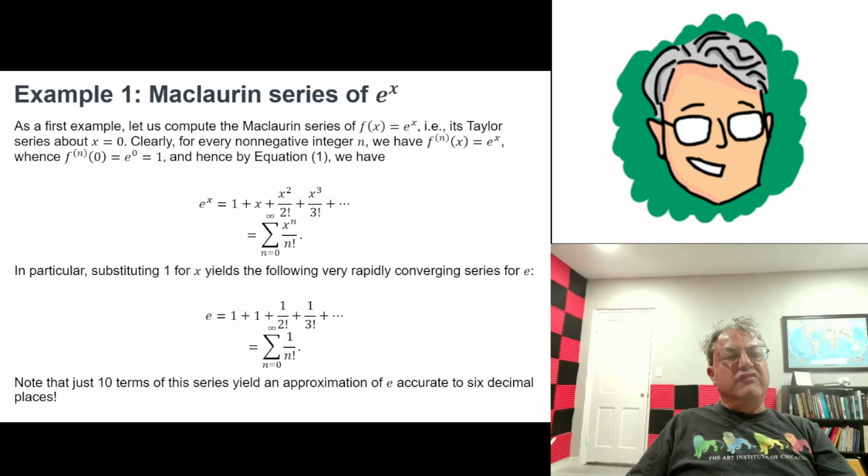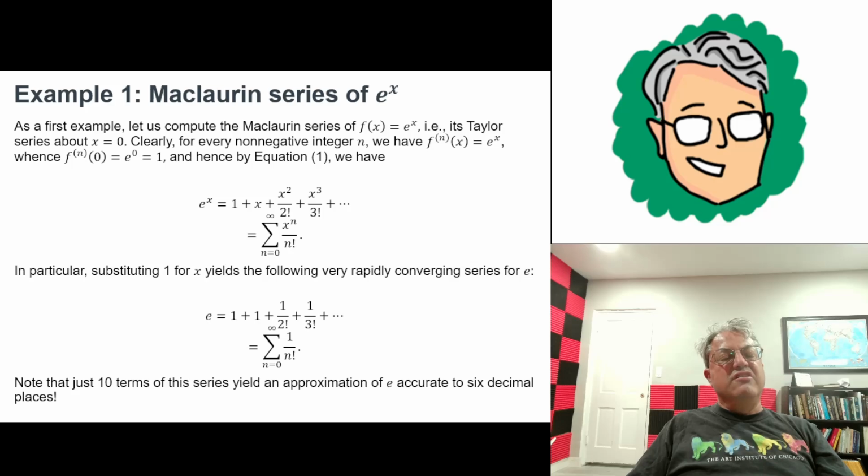Because the nth derivative of f evaluated at 0 is 1, and then we're always dividing by n factorial. So we get e to the x is a sum as n goes from 0 to infinity of x to the n over n factorial, which if you like, you can write term by term. You get 1 plus x plus x squared over 2 factorial plus x cubed over 3 factorial, and so on.